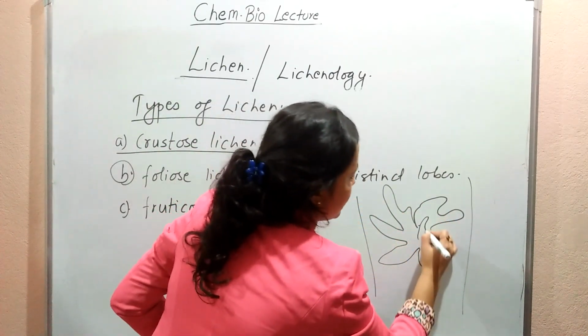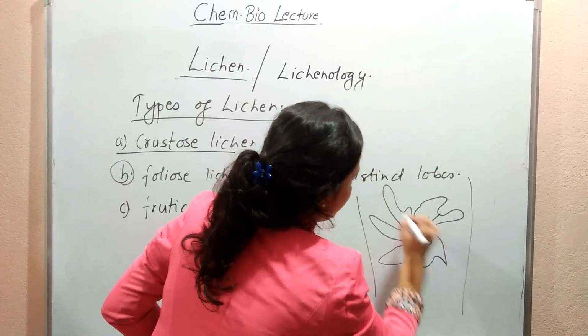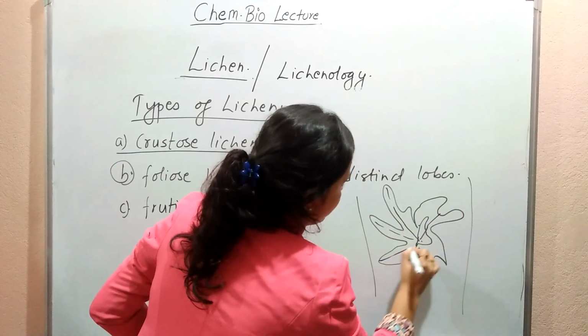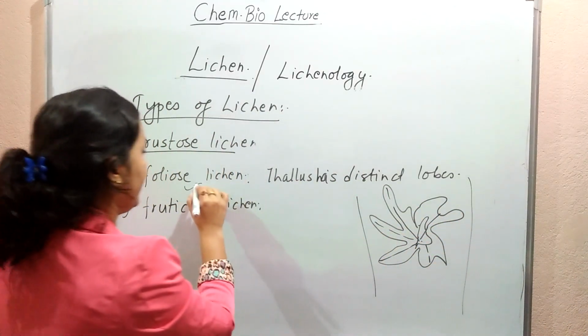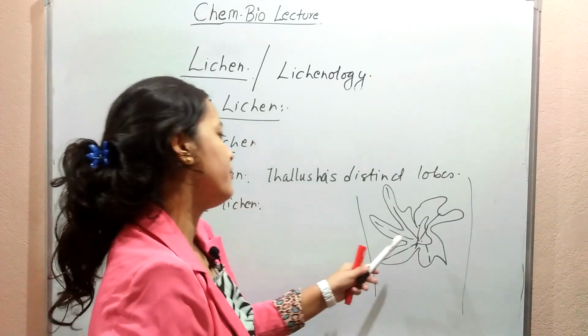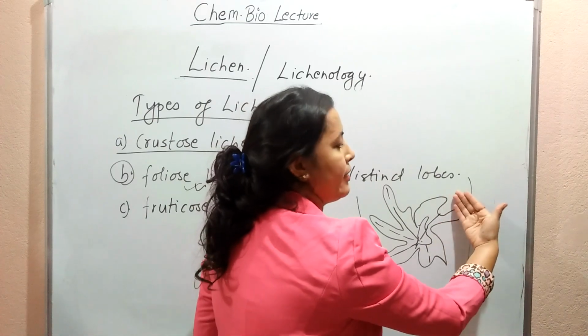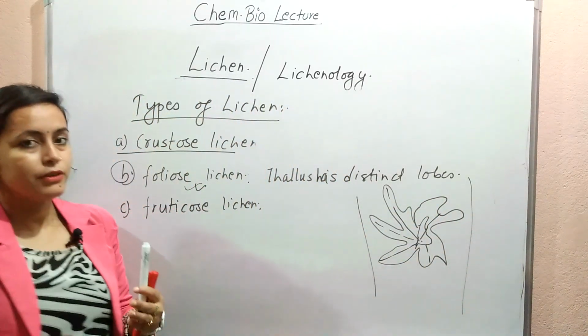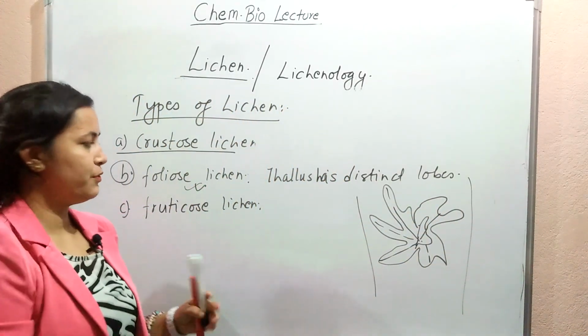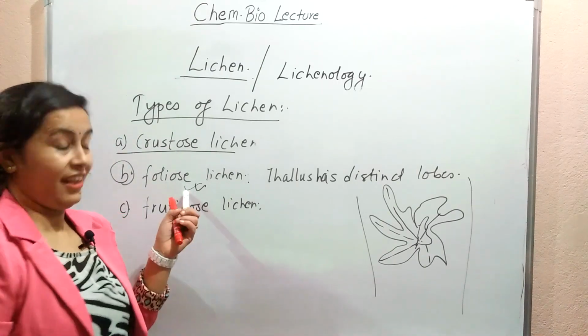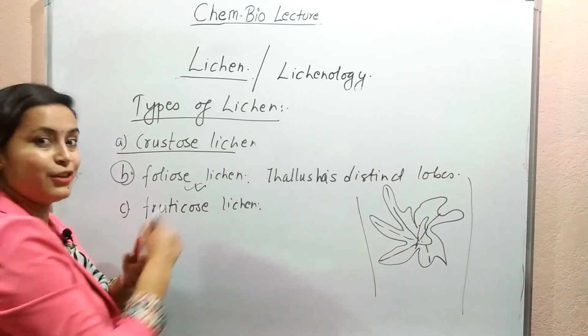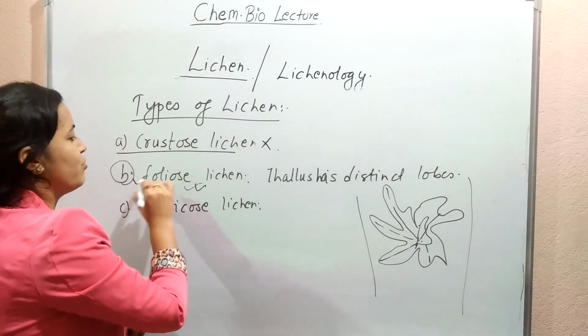You can see the distinct structures of a lobe over here. Such a lichen is a foliose lichen. In such a lichen, you can simply peel the surface and see the upper surface and lower surface. If you are able to observe their upper and lower surface, then that lichen is not crustose.